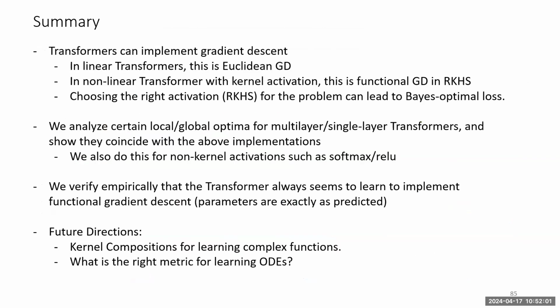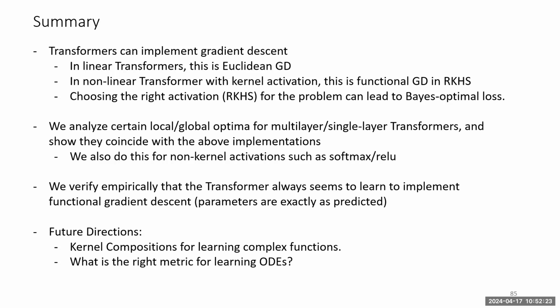So to summarize, we saw that transformers can implement gradient descent. In linear transformers, this is Euclidean gradient descent. More generally, for nonlinear transformers with kernel activation, this is functional gradient descent in RKHS. And if you choose the right activation for the problem, we can get a good loss.